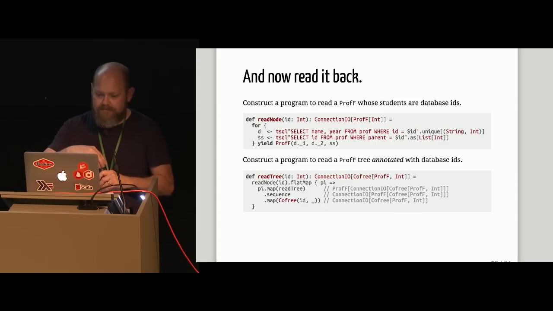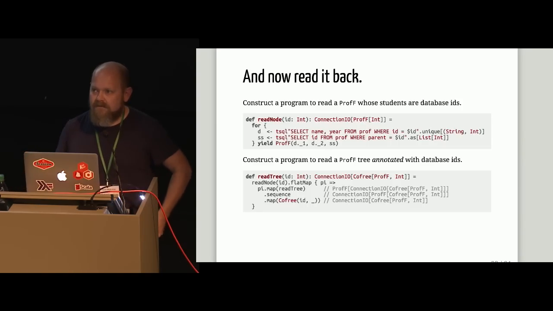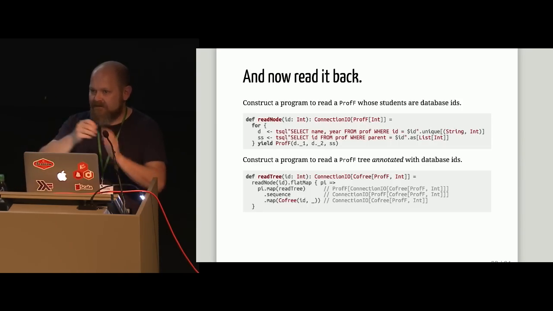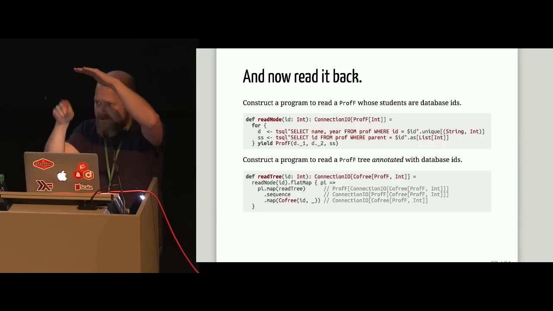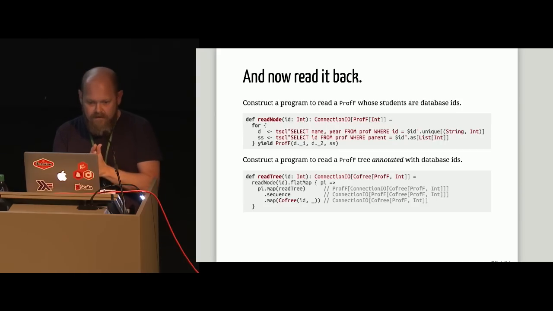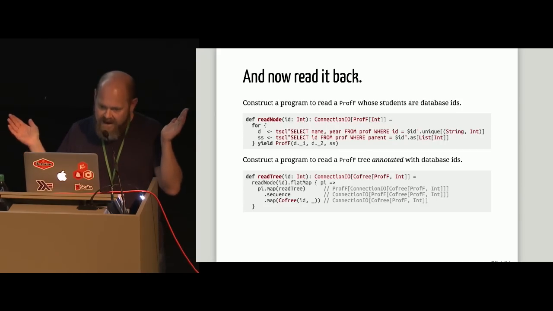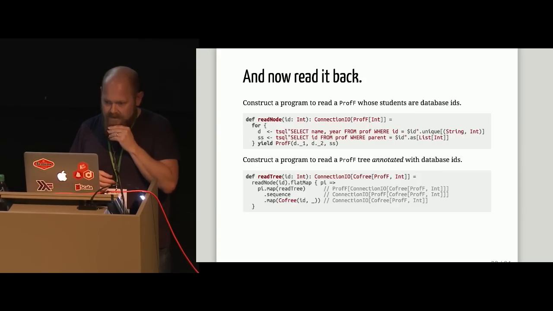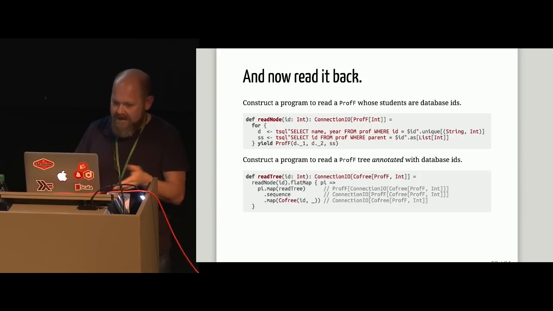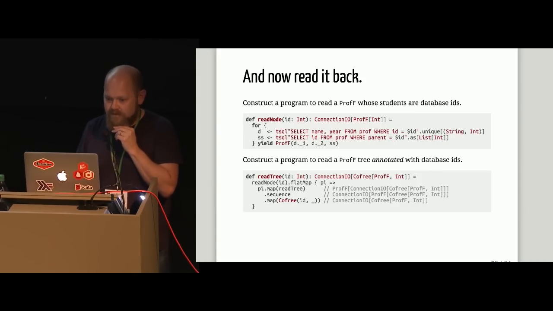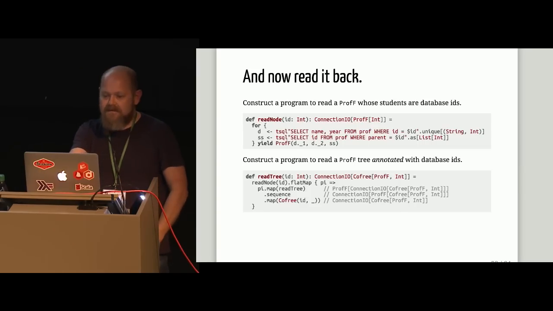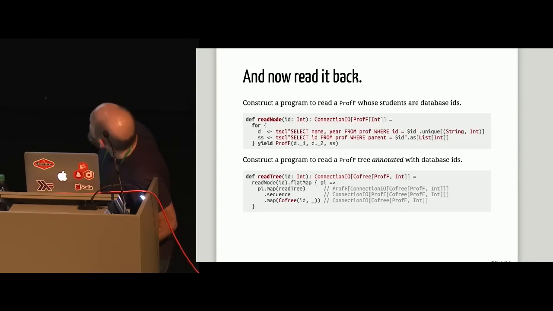Okay, ReadTree. So it takes an ID, and it gives us back a Cofree of PropF int. So it takes an ID, and it gives us back the tree where each node is annotated with its ID. So what do we do with the ID? The only thing we know how to do with it is call read node, so let's do that. And that gives us a connection IO. We know we're going to have to go back to the database and do more stuff, so we're going to flat map. So what's that?